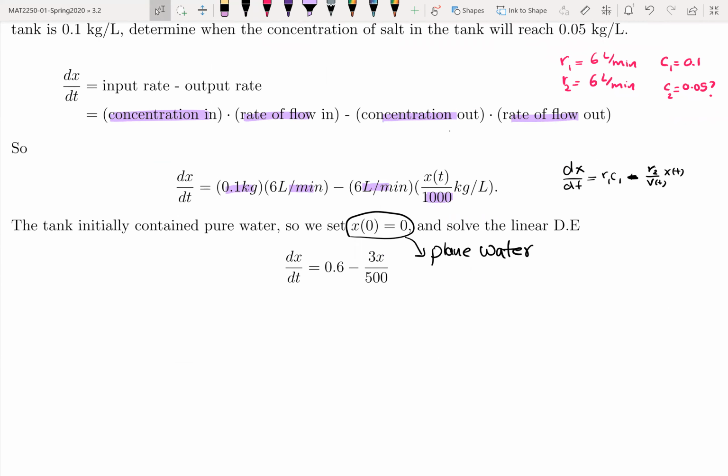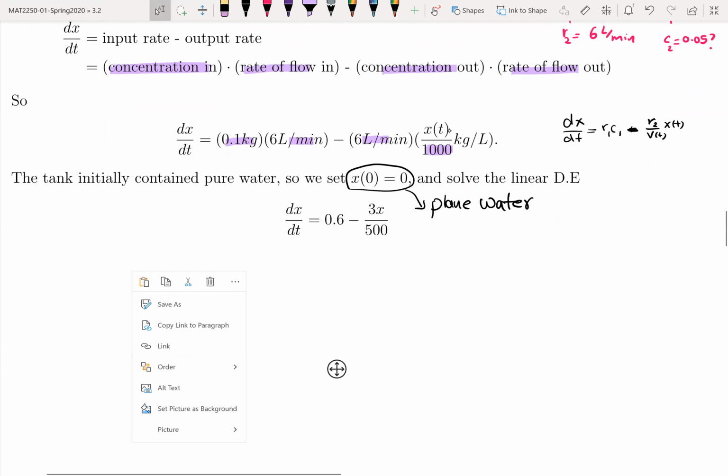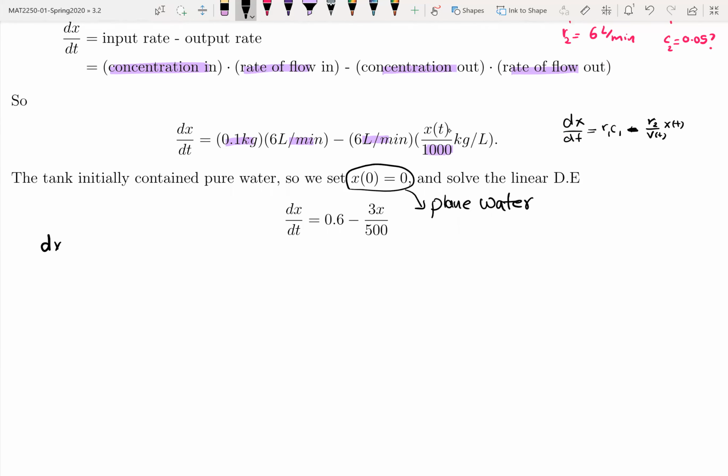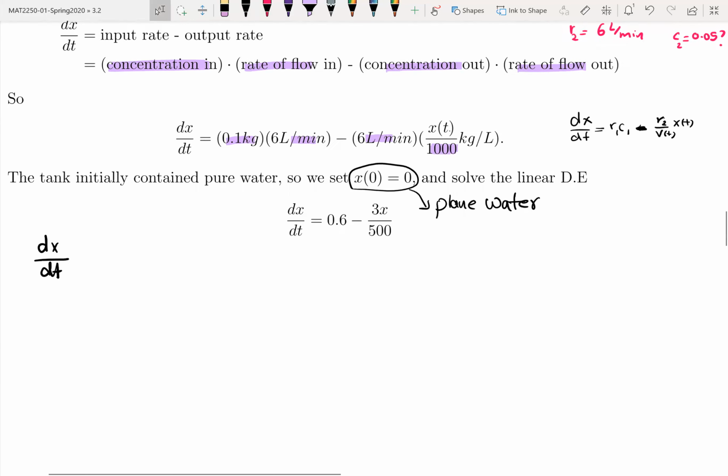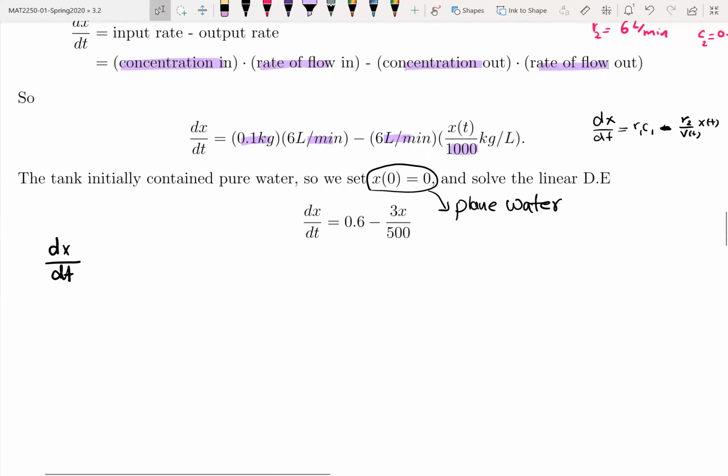And that's it. I just need to solve the differential equation as I've done for the previous section. So this is going to be dx divided by dt plus 3 divided by 500 of x equals this.